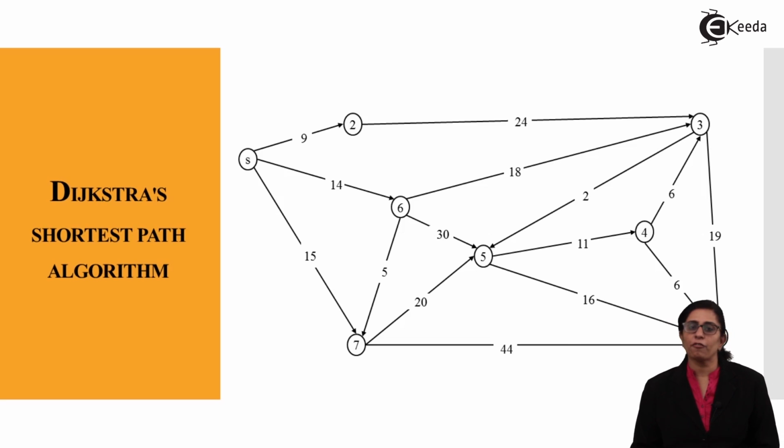This is an example of a graph which is being given. S is the starting point and T is a terminating point, and in between I have nodes 2, 3, 4, 5, 6 and 7 which need to be visited, and when I visit all the nodes, from each node to each other node which is connected with a direction will be considered and the values will be recalculated so that I find the shortest possible path to traverse from my source to destination without wasting much time and space.